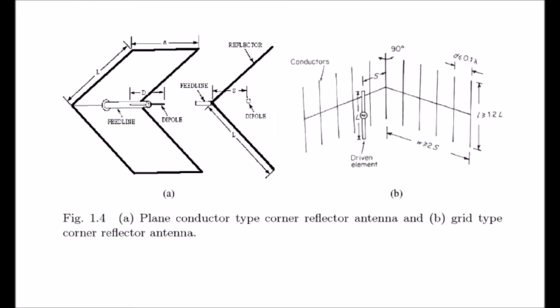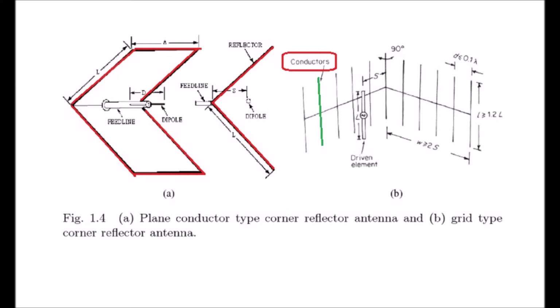While a thin conductor can act as a reflector, it is highly sensitive to frequency. The frequency dependence is reduced if a plain conducting sheet is used instead.